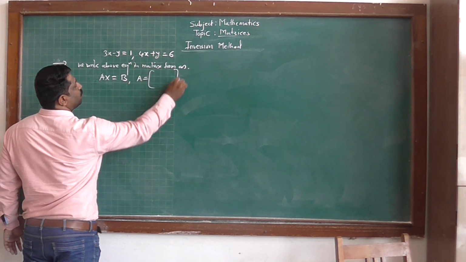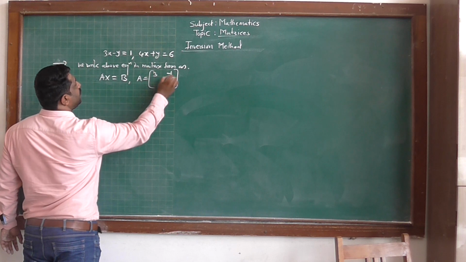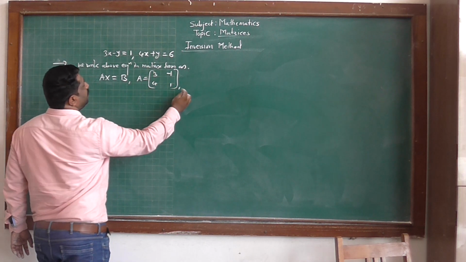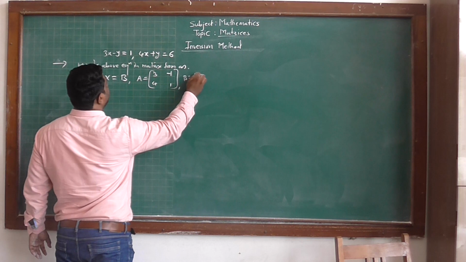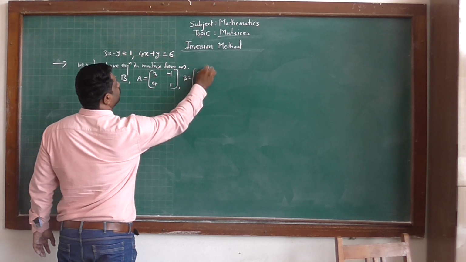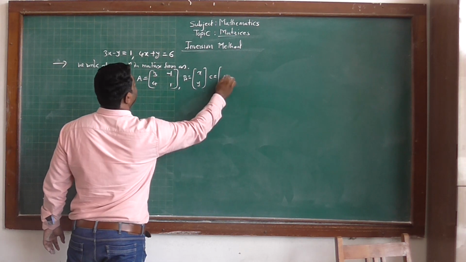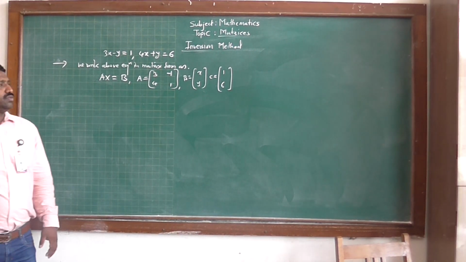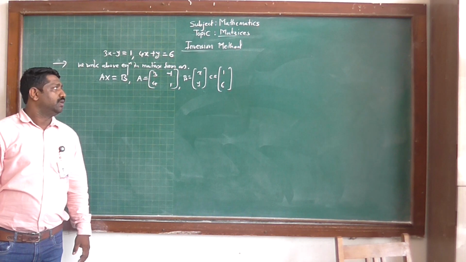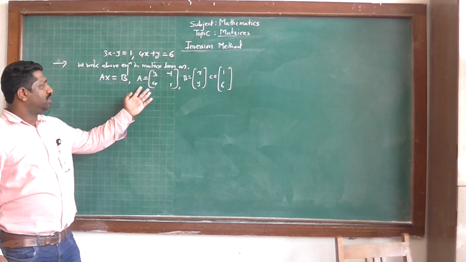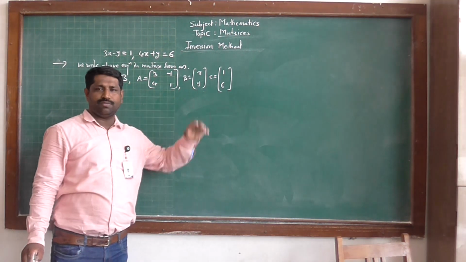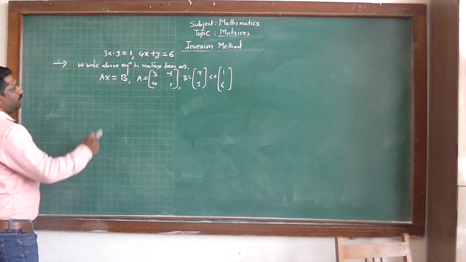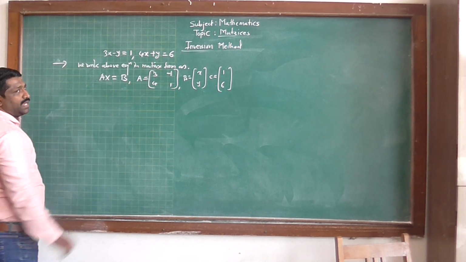A is the coefficient matrix 3 minus 1 4 1. X is the matrix of variables x y, and B is the matrix of constants 1 6. So A, X, B: matrix of coefficients, matrix of variables, matrix of constants. Now we pre-multiply both sides by inverse.